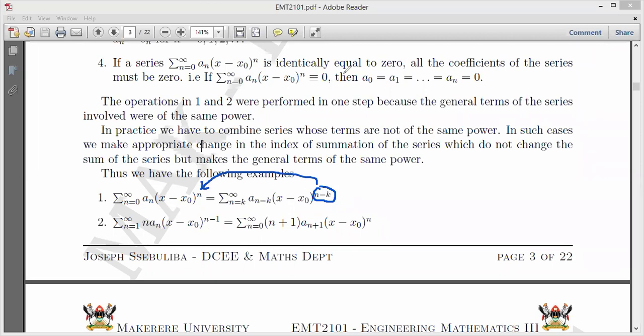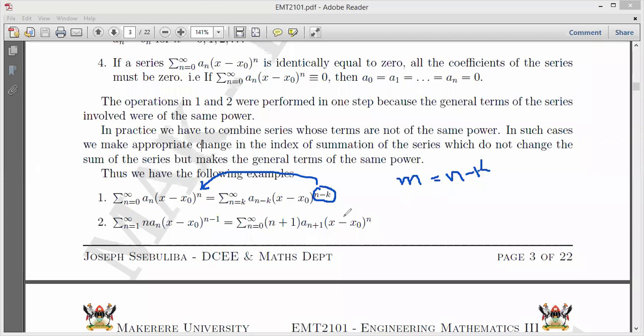So we can simply think of a substitution. If we let, for example, m be equal to n minus k, this is k.